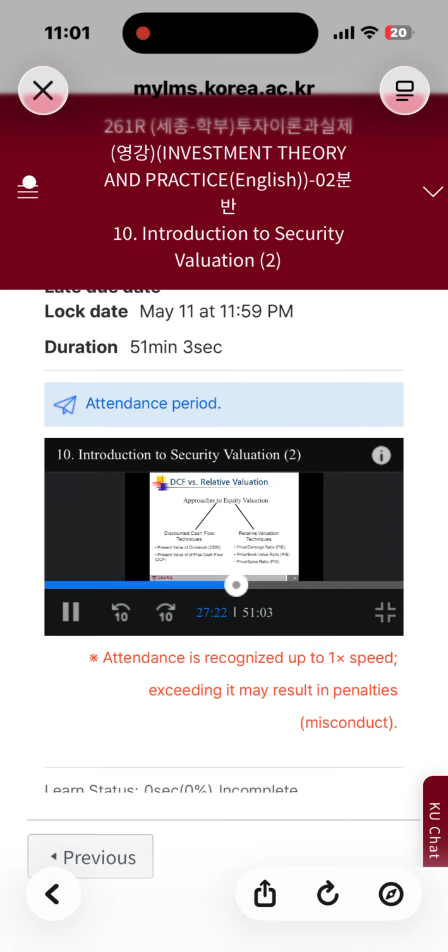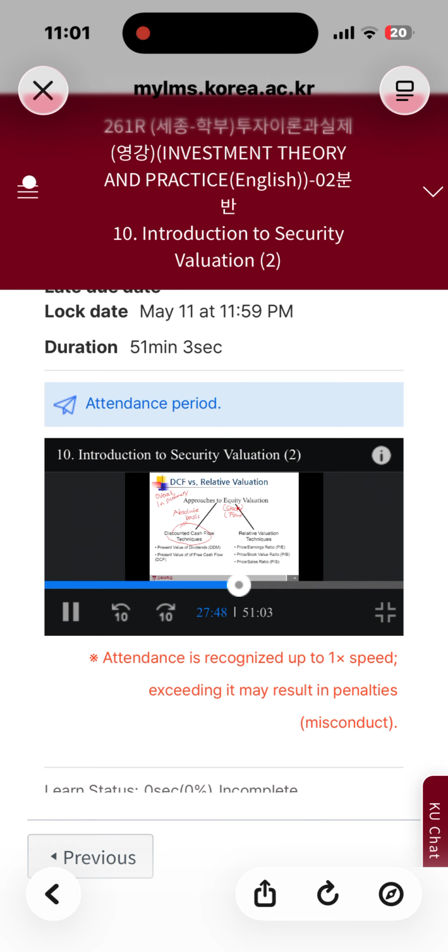So overall, in summary, there are two approaches to stock valuation or firm valuation. One, the discounted cash flow techniques, which is on an absolute basis.